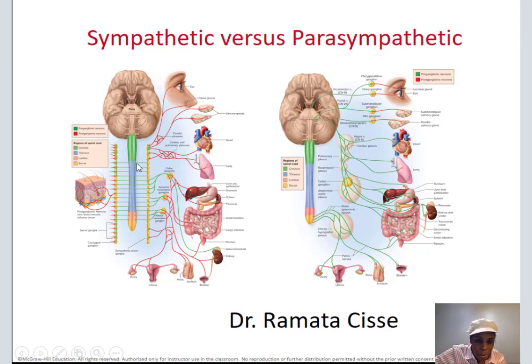It is located in the thoracic and lumbar region in the middle. In the parasympathetic, it is located in the cranial and sacral region. It has a very long preganglionic, a very short postganglionic. Sometimes the ganglia is even in the target organ. So maybe there's no length there.